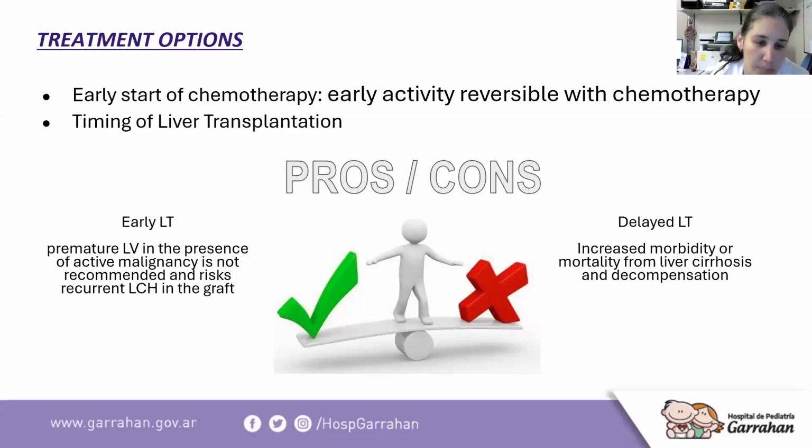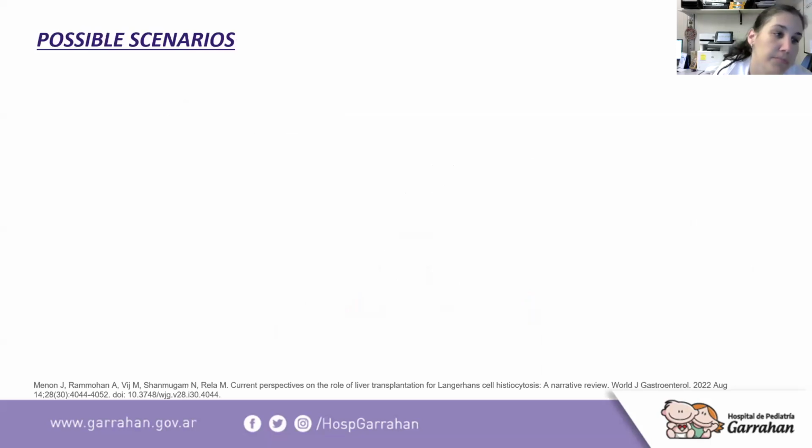Even though the percentage of recurrence is very low, the evidence is not that strong. But what is clear is that if the transplant is too delayed, then the mortality and morbidity is going to be increased by liver cirrhosis and even episodes of decompensation.